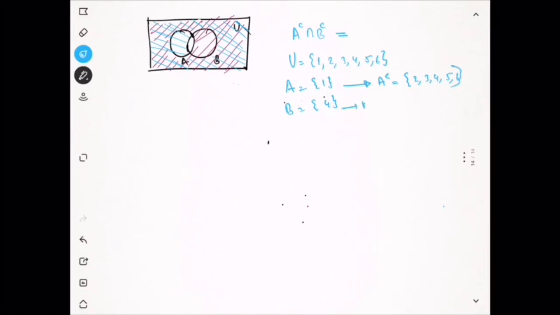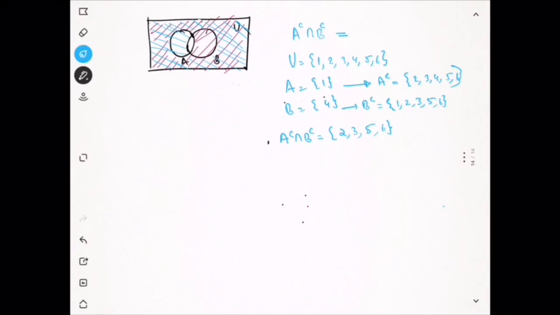Then the B complement is nothing but 1, 2, 3, 5 and 6. Then A complement intersection B complement is nothing but, the common elements in both, what are the common elements? 1 is not there, 2 is there, 3 is there, 4 is not there, then 5 is there, and 6 is there.